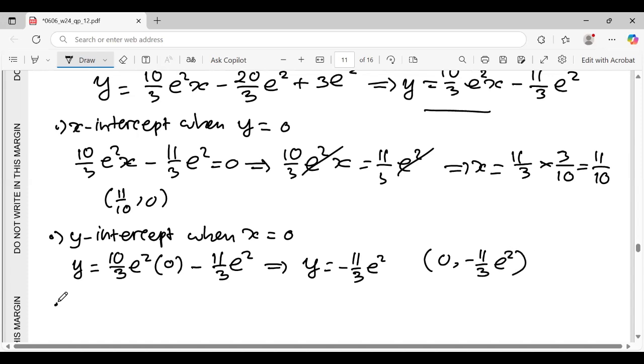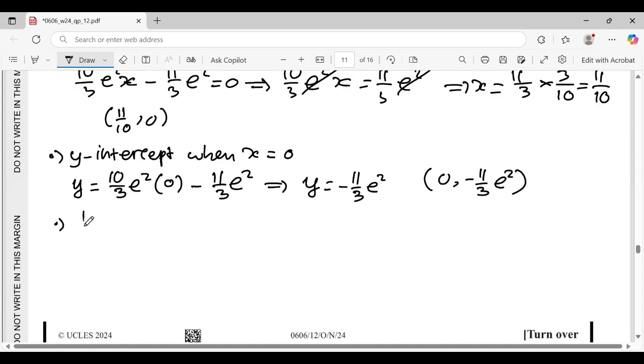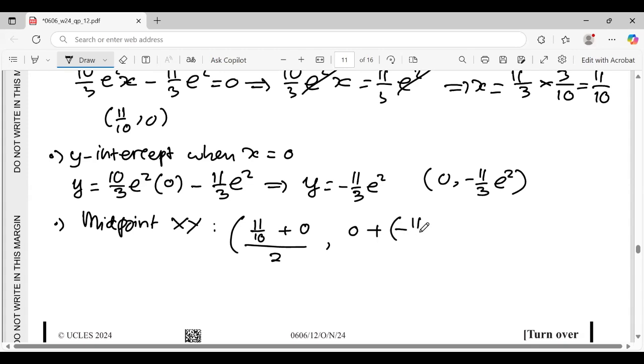And after that, the midpoint of XY is (11 over 10 plus 0) over 2 and (0 plus minus 11 thirds e squared) divided by 2.